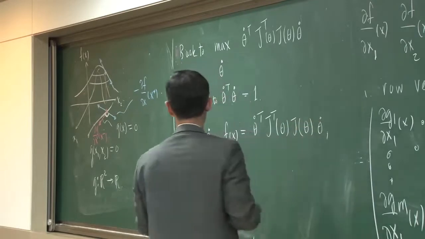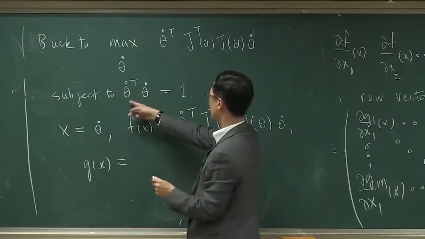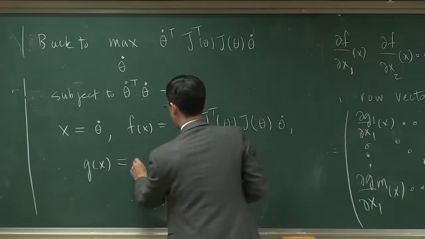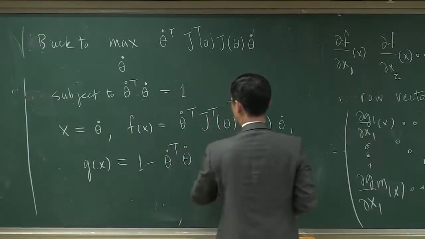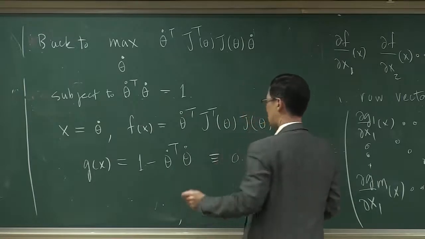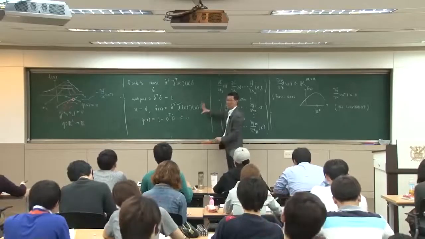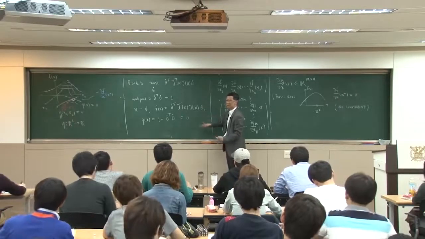And g of x is theta dot transpose theta dot minus 1, or the other way, doesn't matter: 1 minus theta dot transpose theta dot. This has to equal 0. So we apply the former first order necessary conditions to this problem.